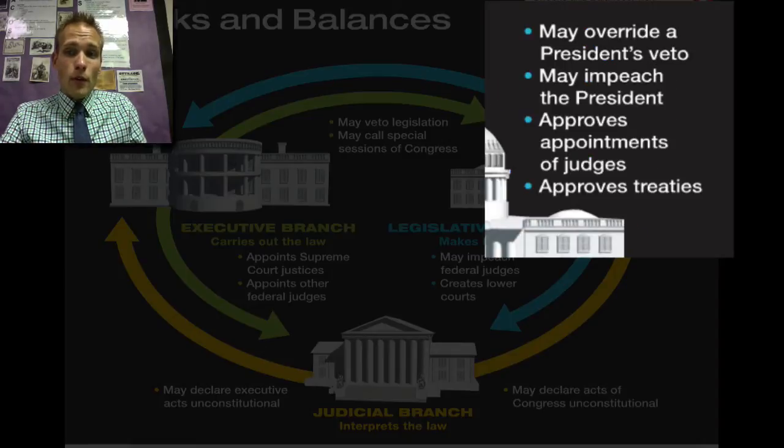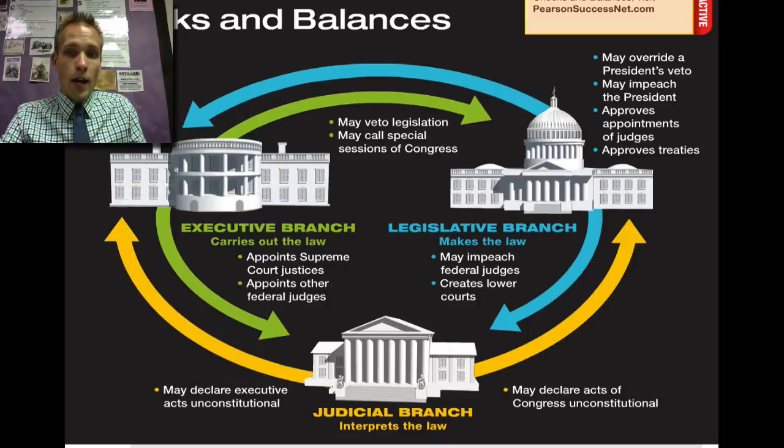Probably the major one that they have power to do is to override the president's veto, which is when the president tries to stop laws being made. We'll get to that in a second. They can also impeach the president, which is when they remove him or her from office for doing illegal things. Doesn't happen very often, but it has happened.